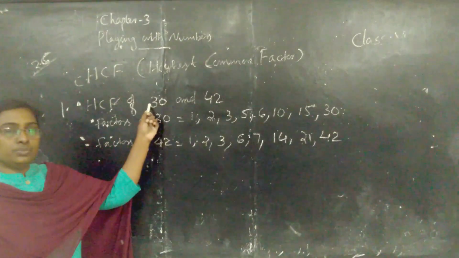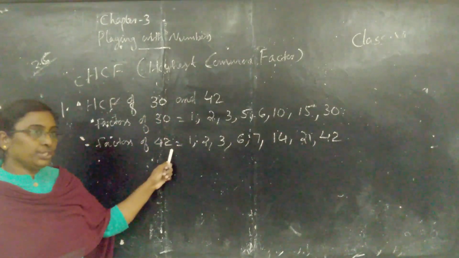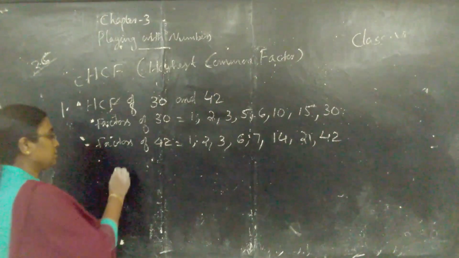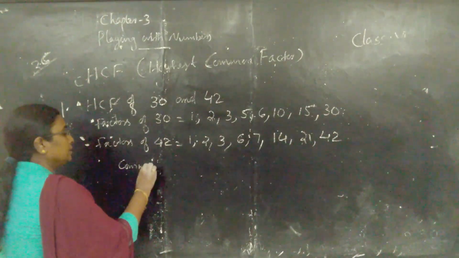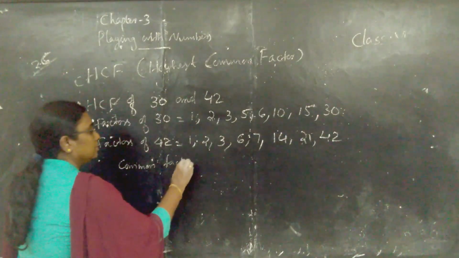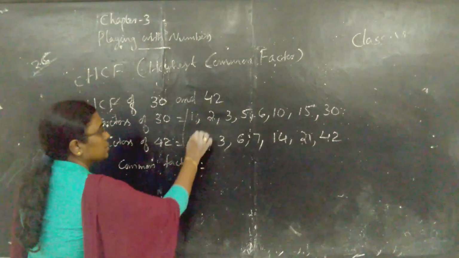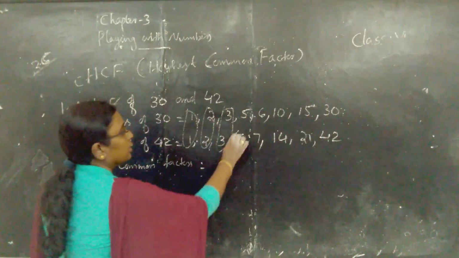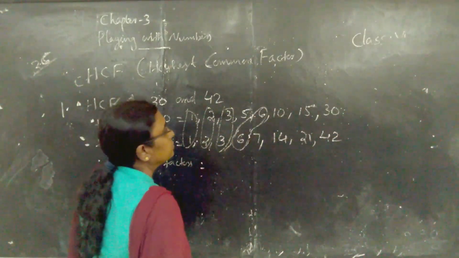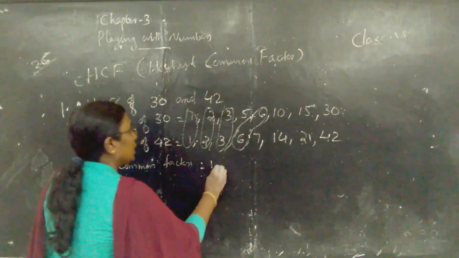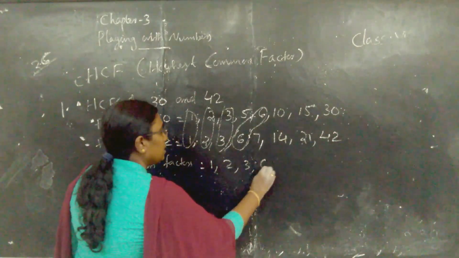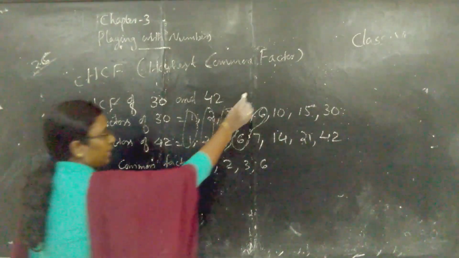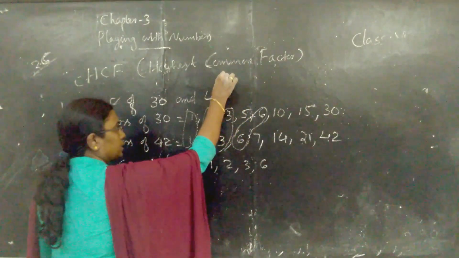First find the factors of 30, then the factors of 42. The second step is to find the common factors. 1, 2, 3, 6 are the common factors.